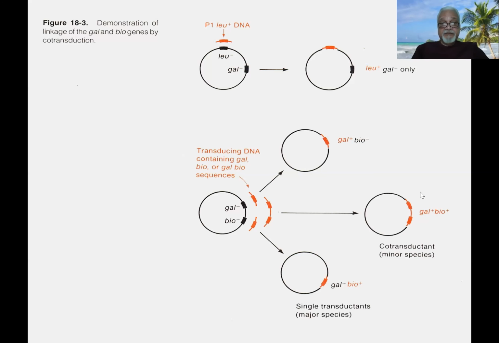This is what is seen when we go for gene mapping using transduction. We look for co-transduction, and what we mean by co-transduction is this: when the two marker genes move together and generate a double transductant. Okay, fine.